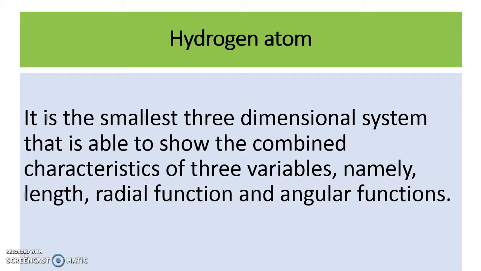The next example is a hydrogen atom. This is the smallest three-dimensional system that is able to show the combined characteristics of three variables, namely length, radial function, and angular functions.